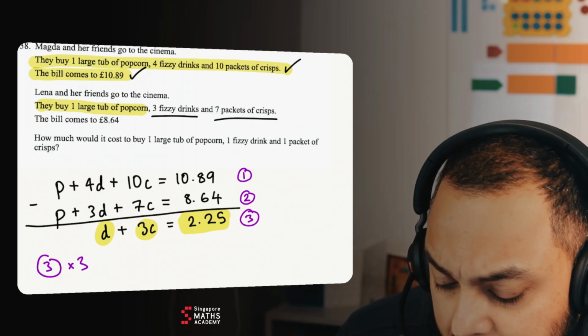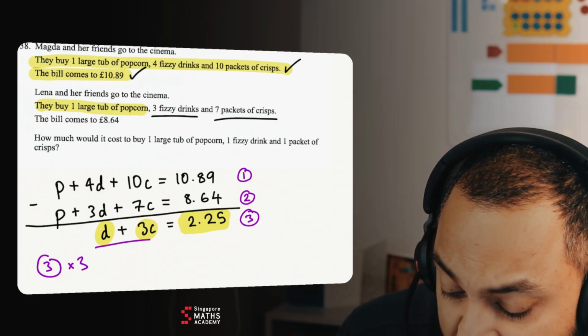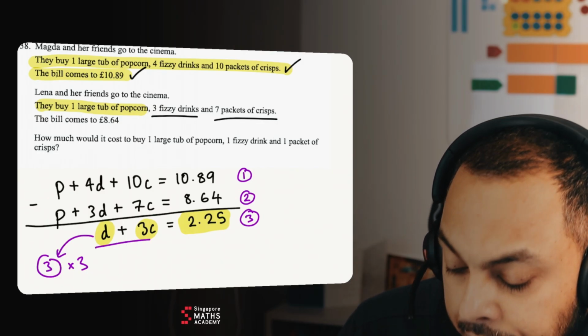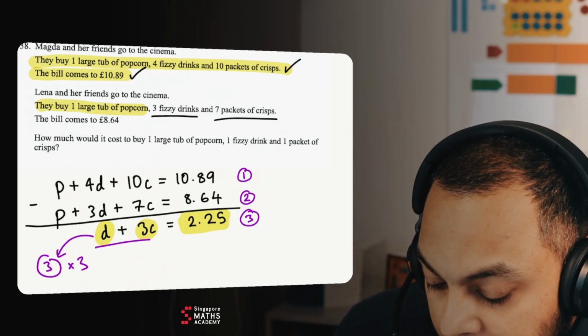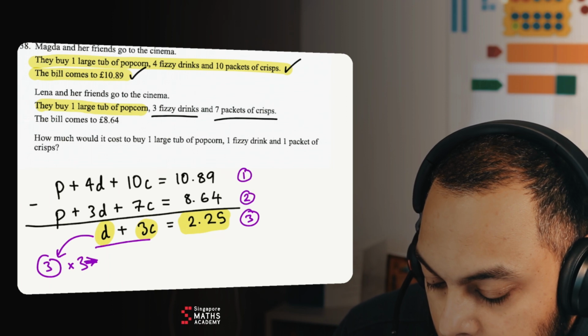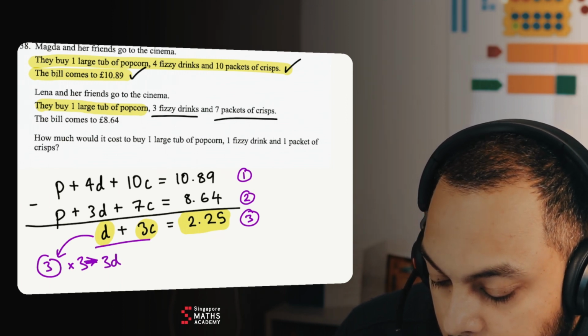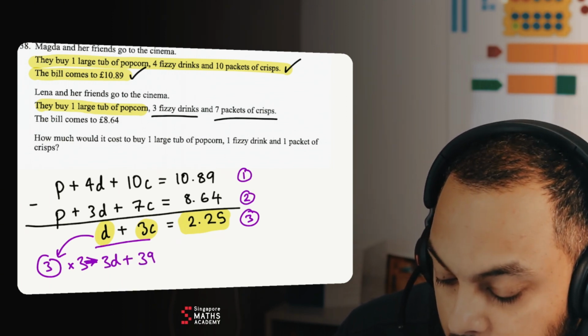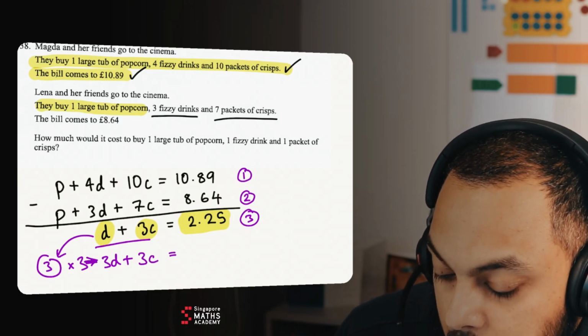If I multiply by 3, that means I'm going to multiply this, right? This is equation 3, isn't it? If I multiply by 3, what do I get? Three. Good.